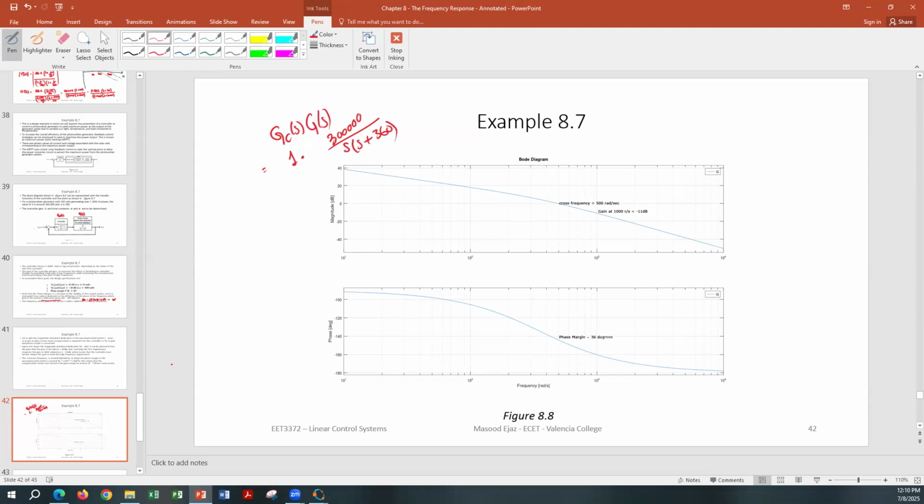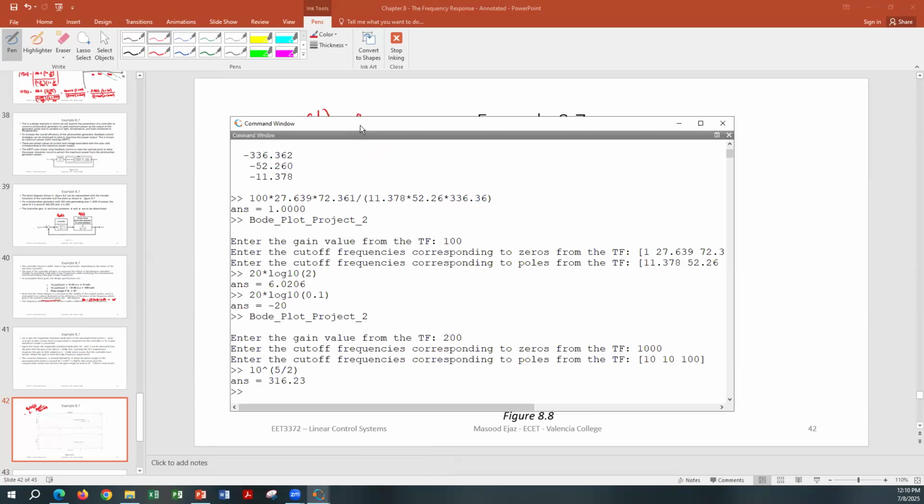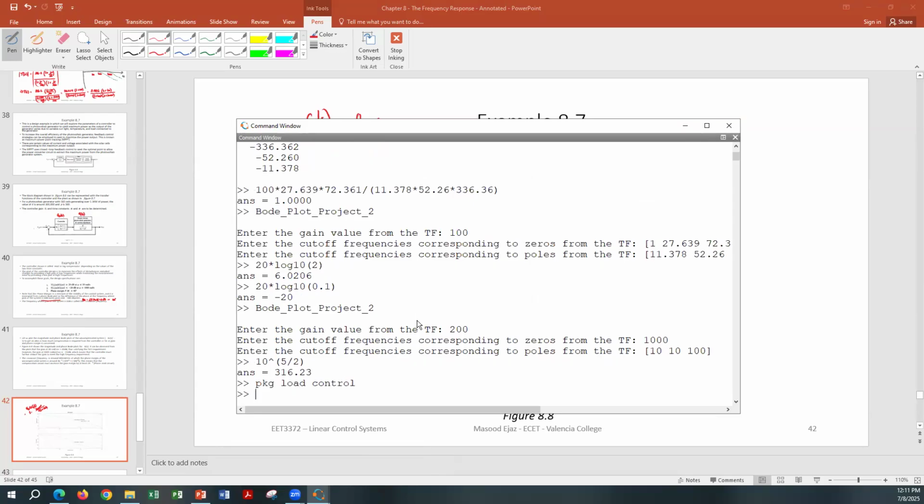Let's draw it again. Let's see if this is the one we're going to get, because I forgot. I'm pretty sure this is it. Let's try it though. Package load control, and my system is 300,000.